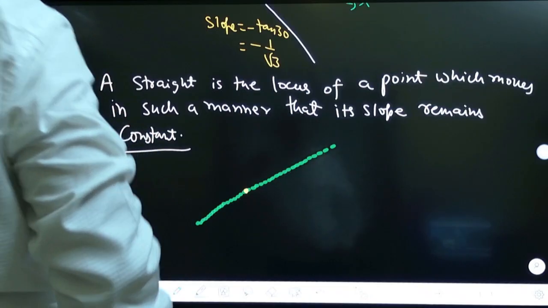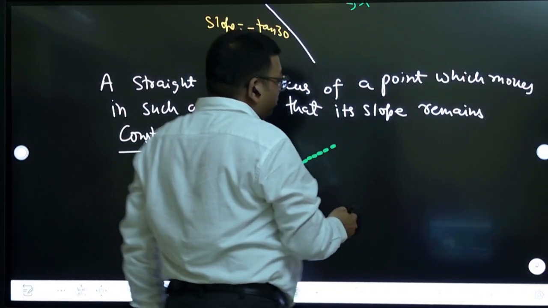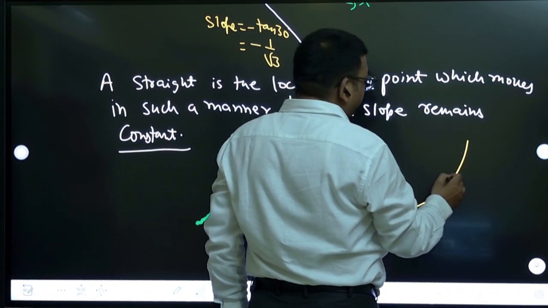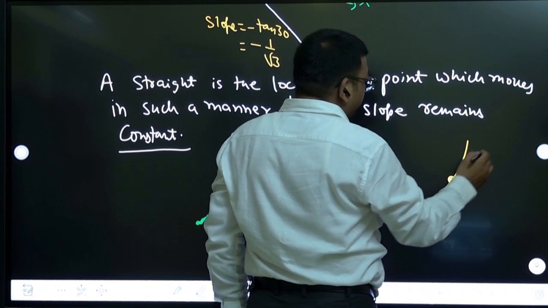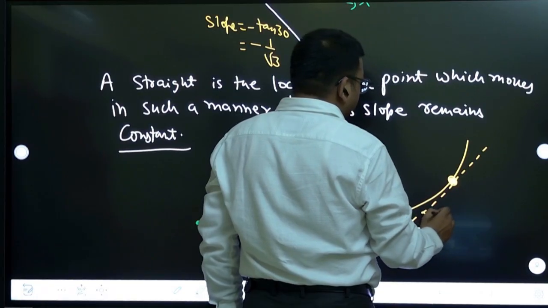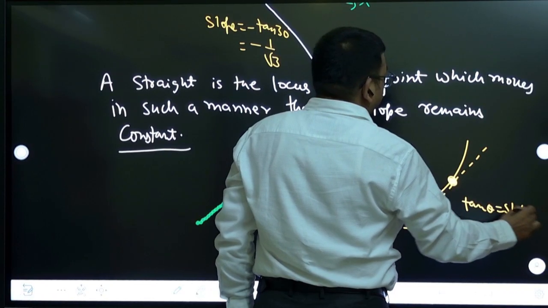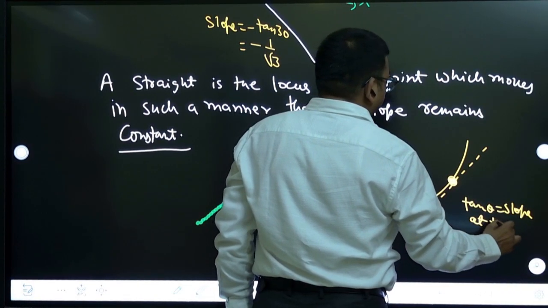For a curve in general, at any point you draw a tangent. That tangent, tan theta, is the slope at that point.